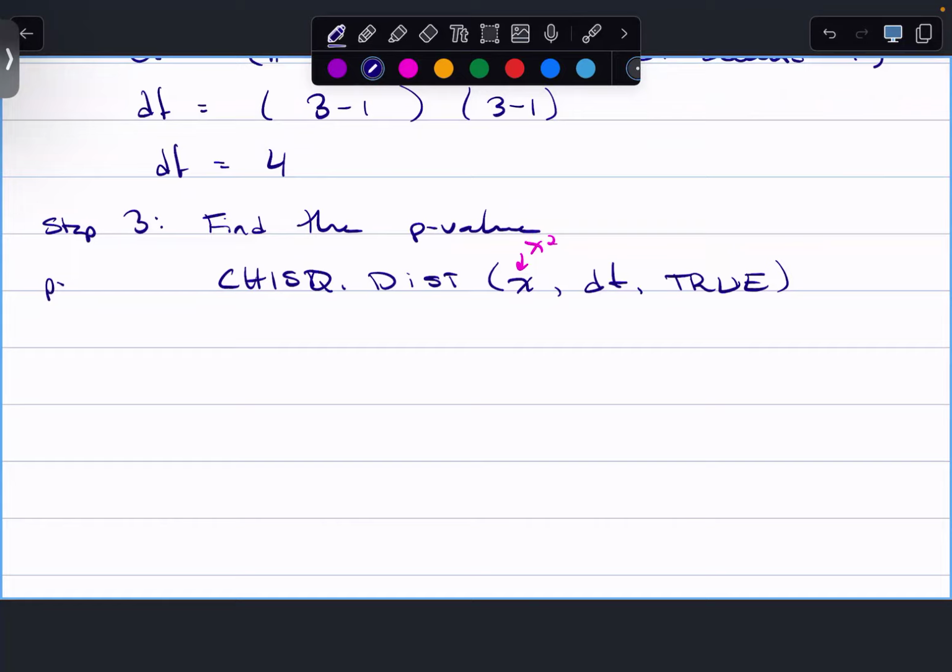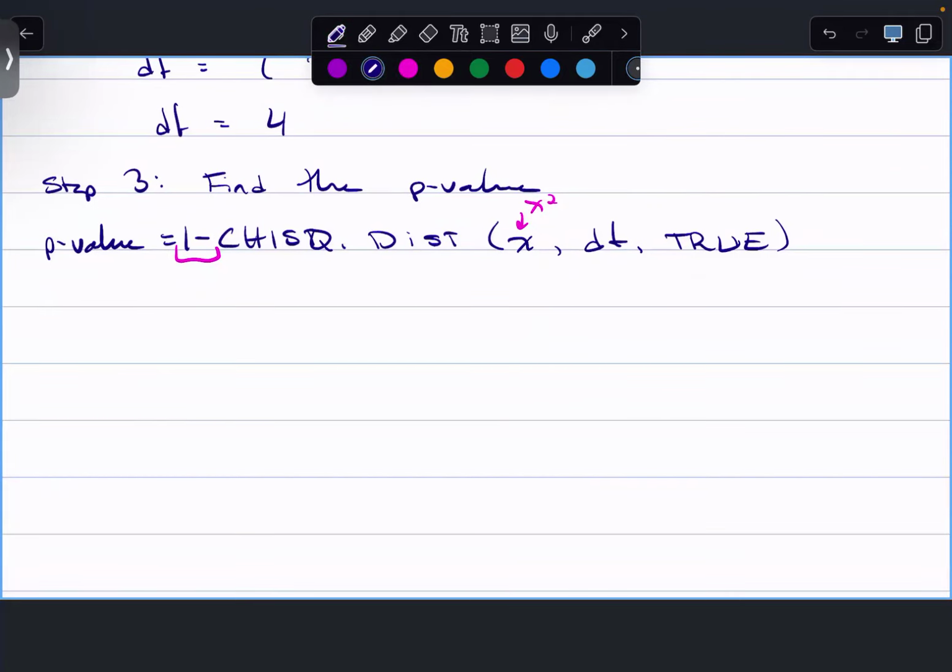And the p-value is always going to be 1 minus that, right? Because this gives you the area to the left and you want the area to the right. So I snuck that 1 minus in there.